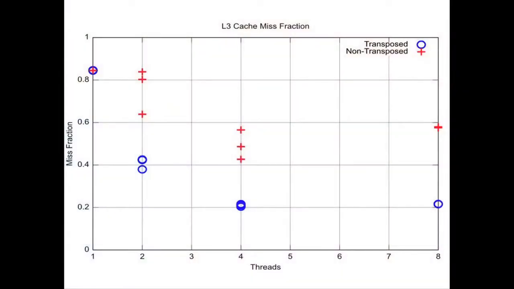Okay. Could you go several slides forward, to the L3 cache miss rate? Yeah, miss fraction. So is there a corresponding slide that shows me the actual performance improvement or degradation in those two scenarios? Yeah, that's the previous slide here. So this shows on the y-axis how long it took to run and how many threads we had.